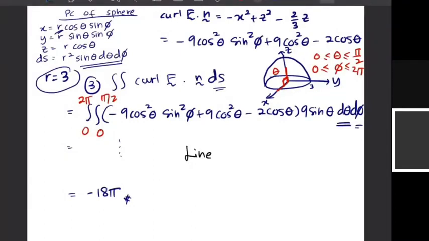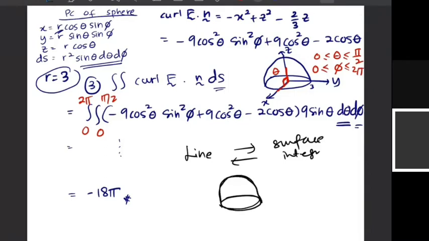So for phi, 0 to 2 pi. Okay, for theta, 0 to pi over 2. Okay, then you solve. And then the final answer will be equal to negative 18 pi.